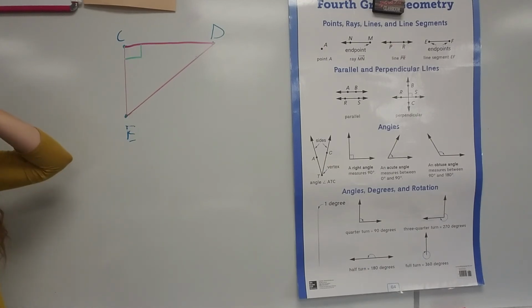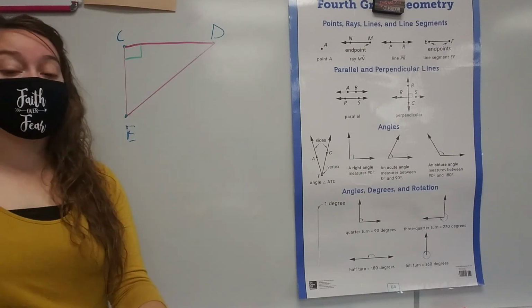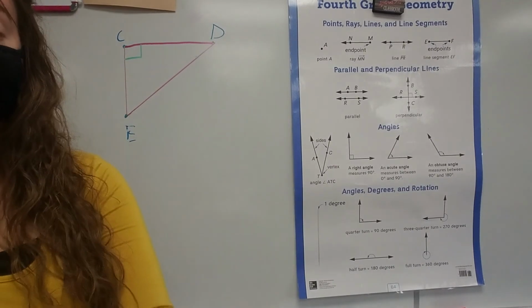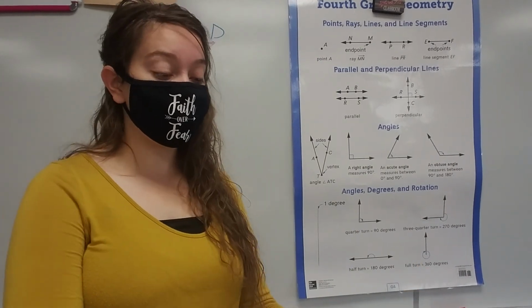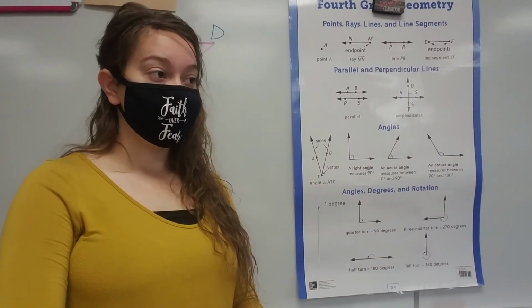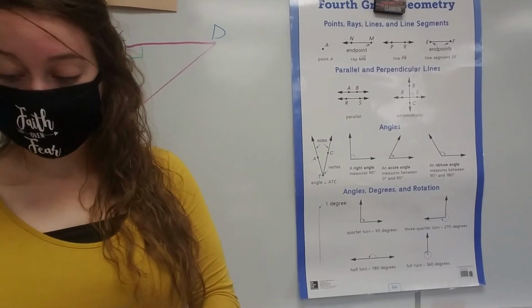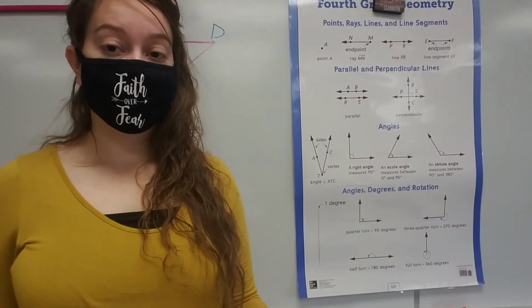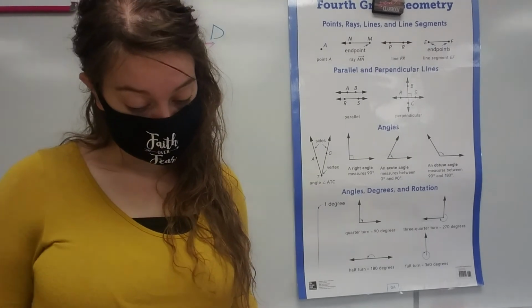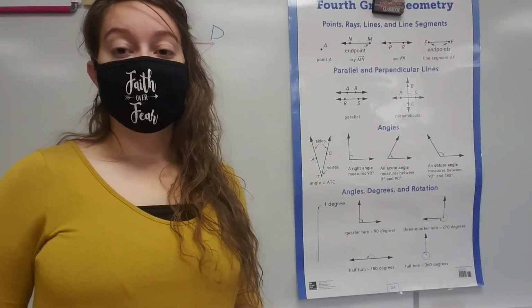Does that make sense? So even though this one angle is an acute angle, it is still a right triangle. Okay? They tricked us. What was number B again?